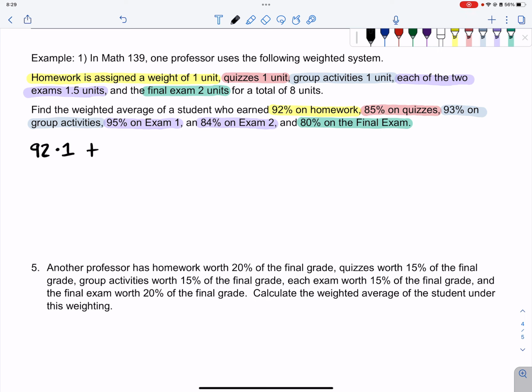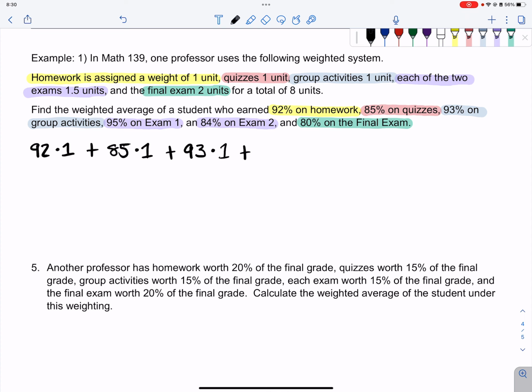And then they have an 85% on quizzes, and that technically gets multiplied by 1 as well for the 1 unit it was assigned. And then they have a 93% on their group activities, with a weight of 1 unit. So that gets multiplied by 1.